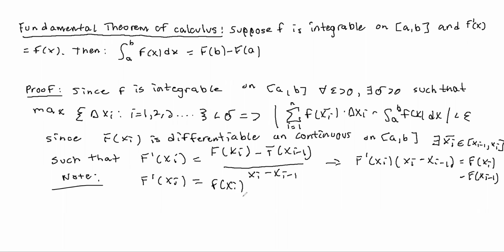So essentially, what we could say is, let me use xi bar, f of xi bar times xi minus xi minus 1 equals capital F prime of xi bar times xi minus xi minus 1 equals f of xi bar times xi minus xi minus 1.